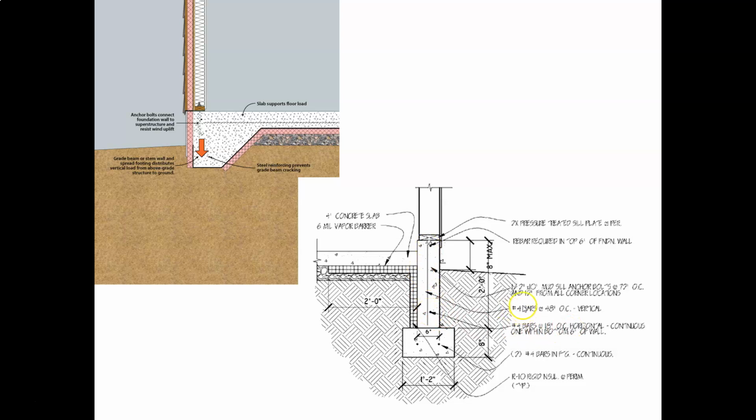So that's that. Additional vertical bars, 2x10 mud sill, 2F. Where are we pointing there? I'm not sure where that's pointing. Anchor bolts from all corner locations. Oh, this is for the anchor bolts. Okay, so I still don't see that it's really pointing at anchor bolts. I would expect them to be up here.